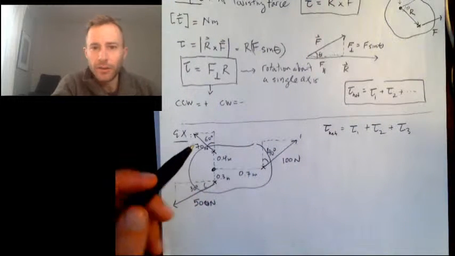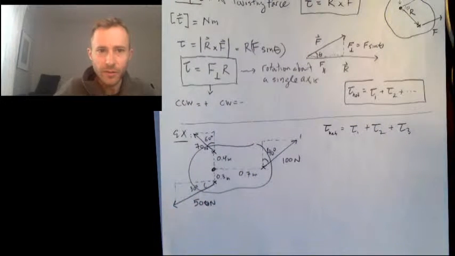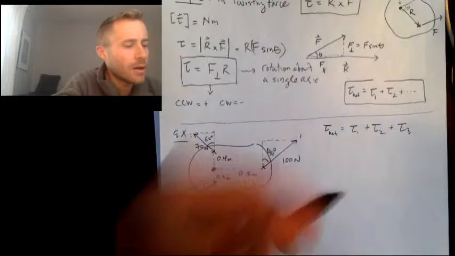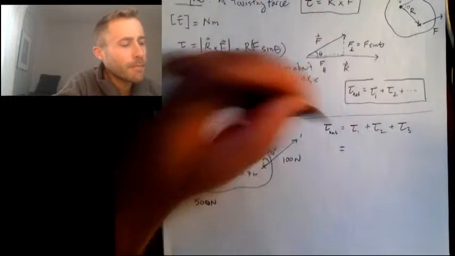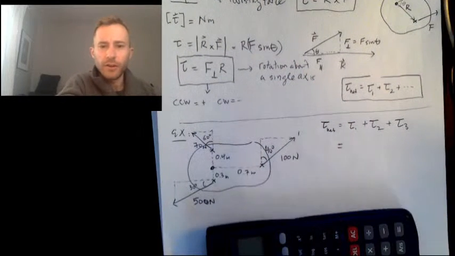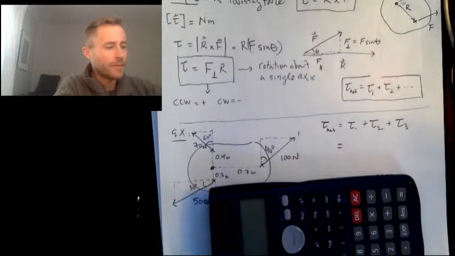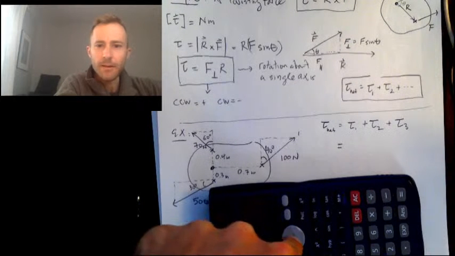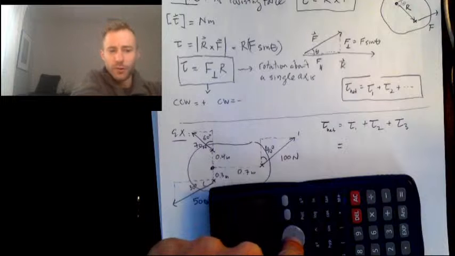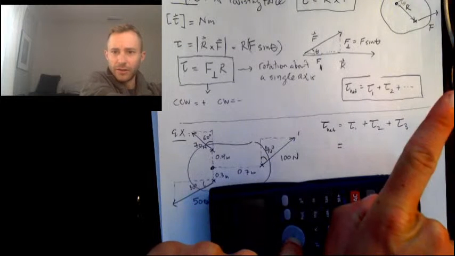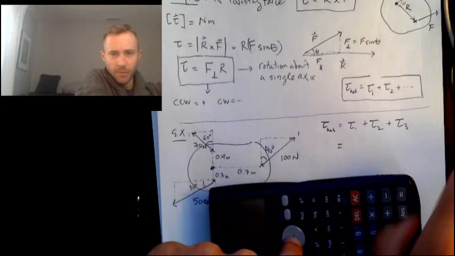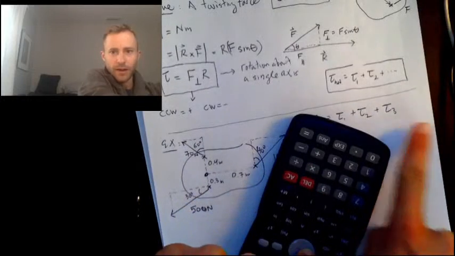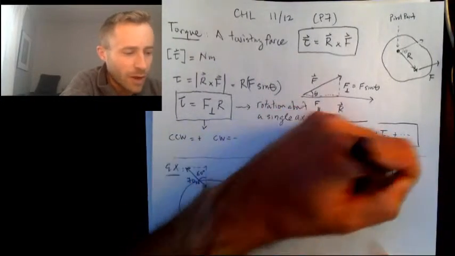All right, and now let's figure out what are the signs of each of these three. Well, if I let this calculator represent the blob, here's the pivot, kind of like right here. All right, and the first force is acting sort of diagonally in this direction to the right of the pivot, so that causes it to rotate counterclockwise. So the first one is going to be positive.